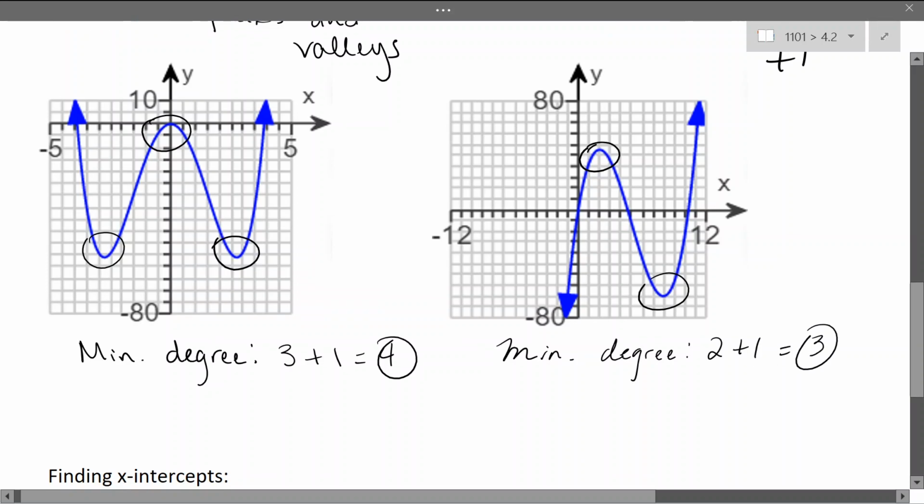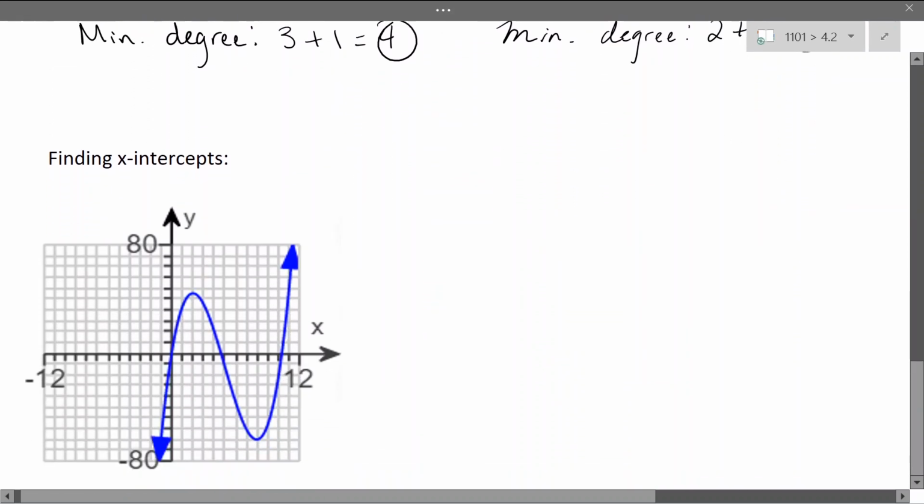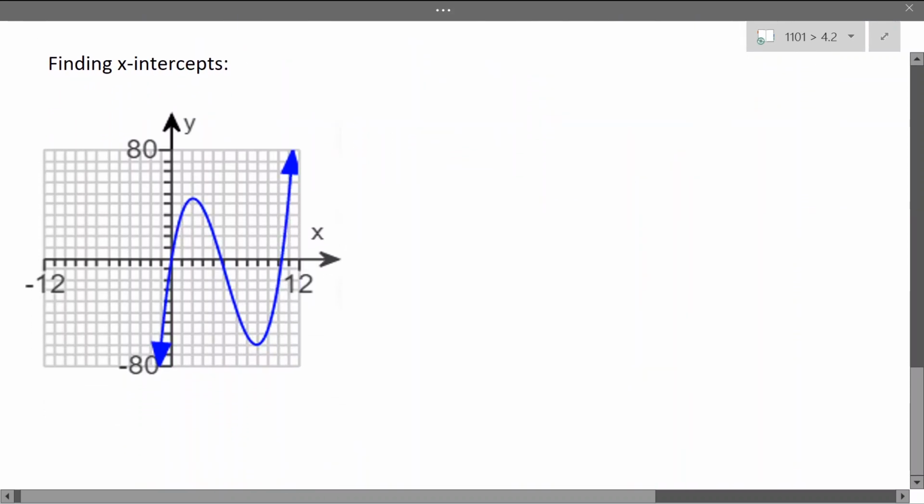Next, let's talk a little bit about finding x-intercepts. X-intercepts are going to be the places where your graph crosses the x-axis. So, for example, we have an x-intercept here, here, and here.